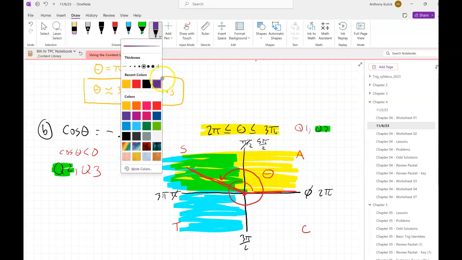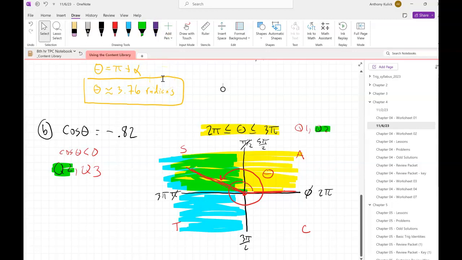Now I'm going to draw in my alpha. The alpha is always between the terminal side and the part of the x-axis closest to the terminal side. So there's my alpha. Everybody feel okay there?